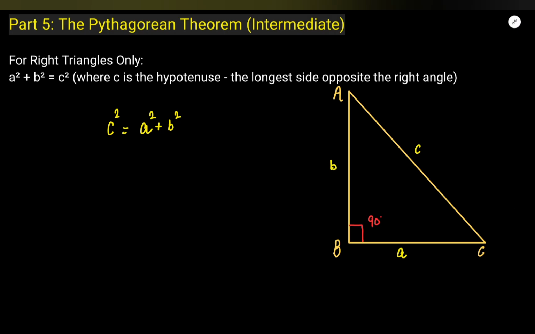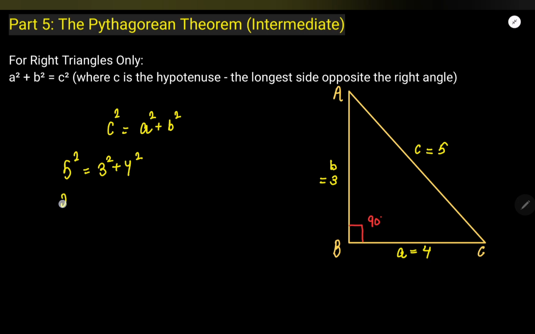Suppose I give you a triplet. I say that C is equal to 5, A is equal to 4 and B is equal to 3. You didn't know whether it will make a right angle triangle or not, so you check: is 5 square equal to 3 square plus 4 square?